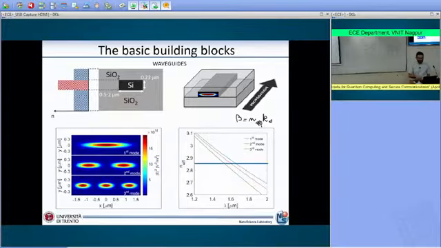I want you to note that if I consider different modes, the effective index is similar for different wavelengths of light. This is something that we will exploit later.